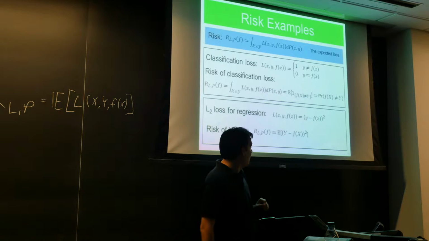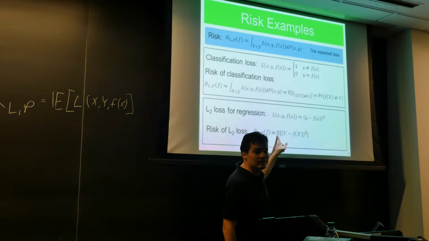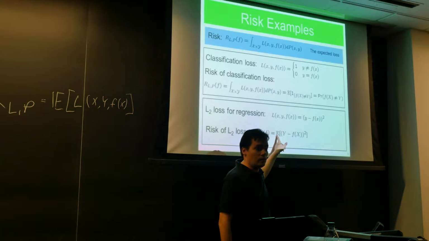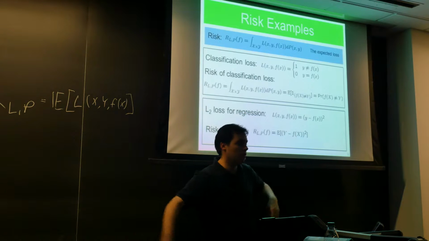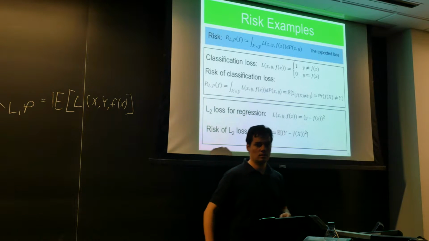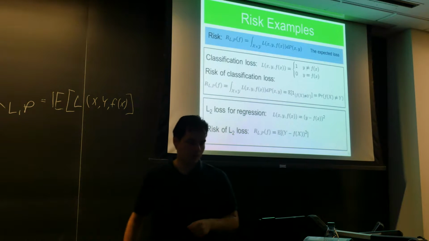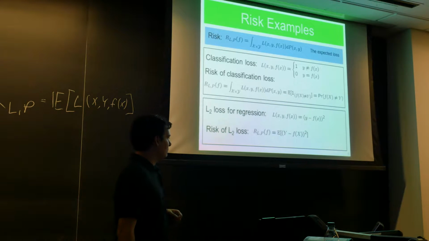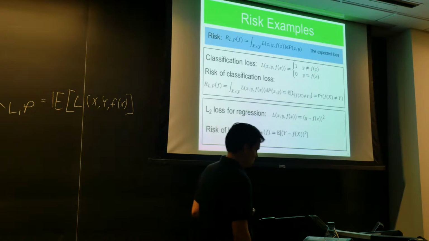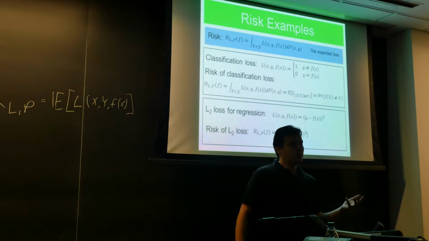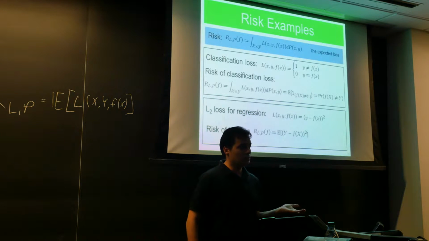And because of that, this risk will be a random variable as well, because for different training data, you will see different values of the risk. So we have to deal with random variables and convergence of random variables.